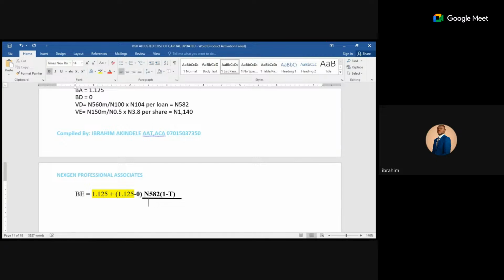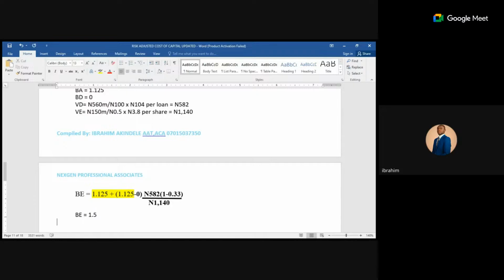Value of equity, 1140. Then the tax rate still remains 0.33. Please, what is the final figure here? 1.5. Okay, equals to 1.5. That is the equity beta.